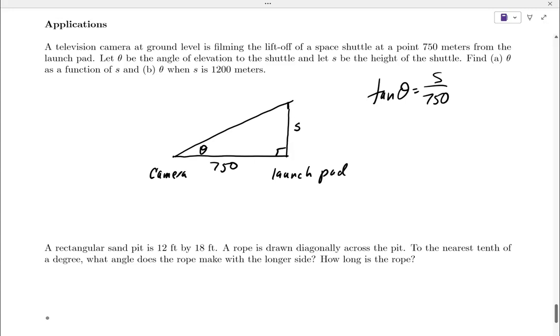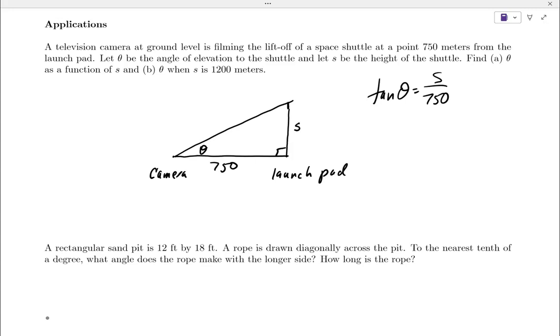Now this isn't what the problem asked for. It's almost what the problem asked for, but it's not what the problem asked for in part A. The problem says find theta as a function of s. What that means is that when you plug in an s, you're supposed to get out a theta, right? Meaning, I want theta equals something with s's in it.